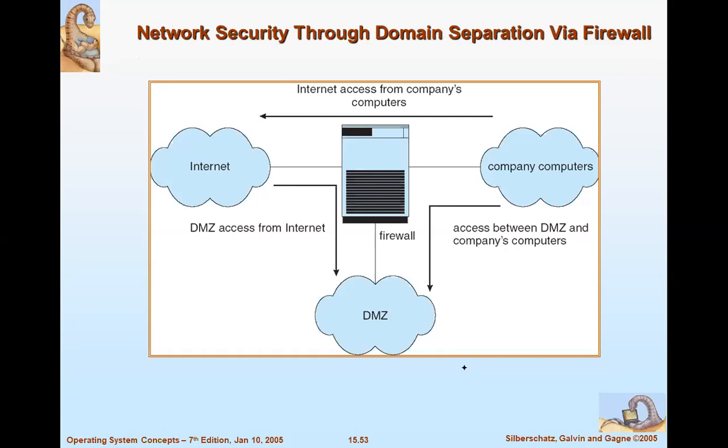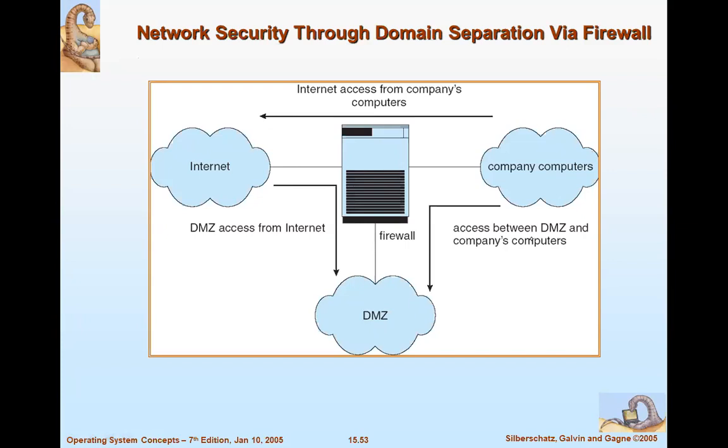You can see in this diagram that there is the internet and then the company computer, and here they install a firewall that provides a demilitarized zone for any unauthentic access from the internet to this computer.